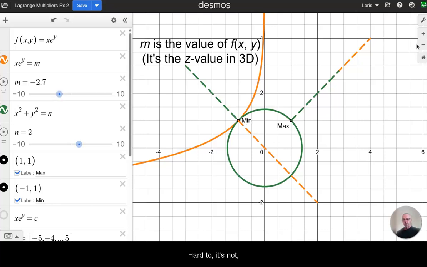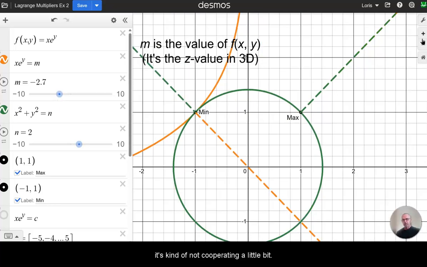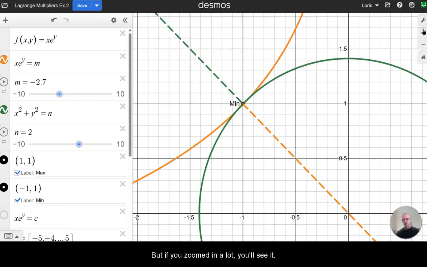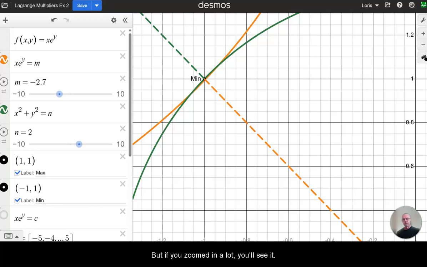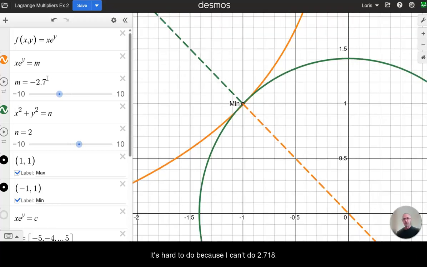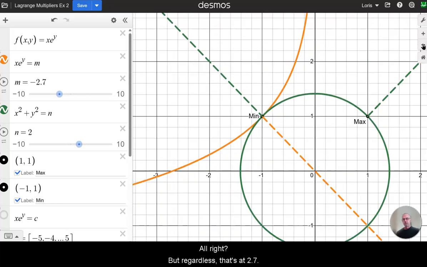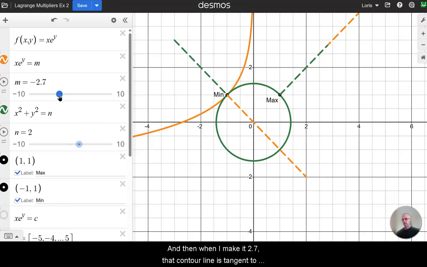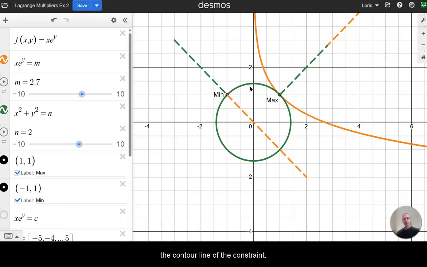It's kind of not cooperating a little bit. It's kind of hard to see it, but if you zoomed in a lot, you'll see it. It's hard to do because I can't do 2.718. All right, but regardless, that's at 2.7, and then when I make it 2.7, that contour line is tangent to the contour line of the constraint.